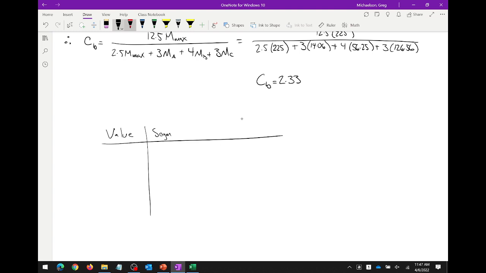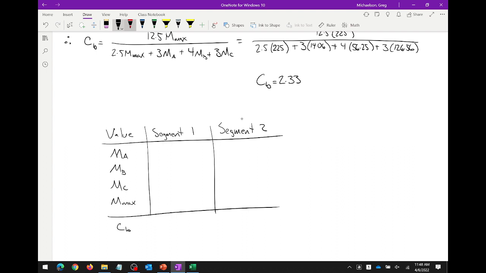Segment 1, segment 2, we'll do MA, MB, MC, MMax, and then CB, right? So for the first segment, we have 14.06, 56.25.